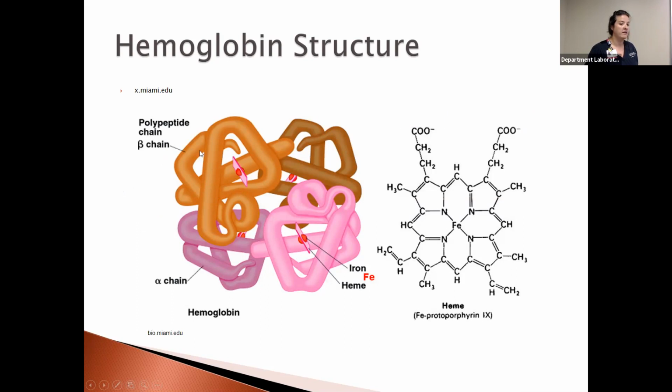In this schematic, these are beta chains, okay? And notice that in between these chains, here's your heme molecule. So here's your heme, and that little red dot, that's your iron. Okay, so that iron is trapped in that little hydrophobic crevice. It's protected from oxidation inside the globin molecule.